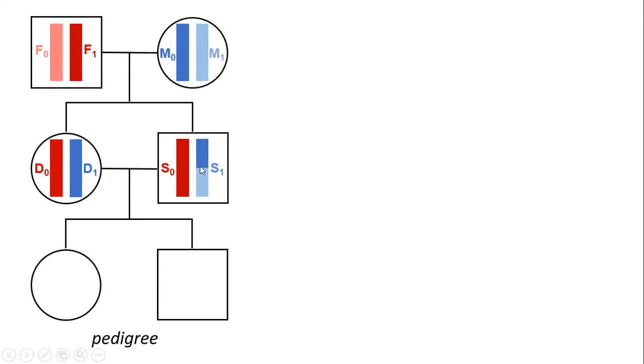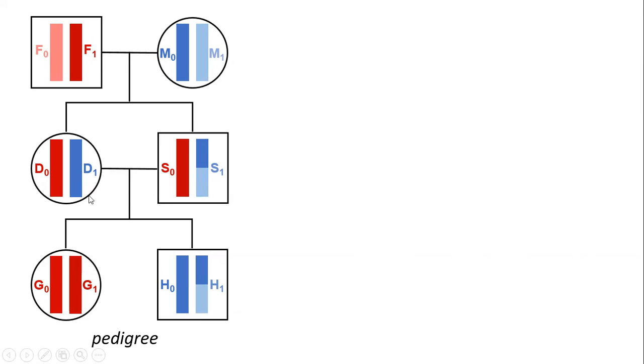So now we have a mix between dark blue and light blue. Then let's suppose in the next generation, the daughter inherits the red chromosome from one of their parents, and the son inherits the blue chromosome from the daughter, and they just inherit that recombined chromosome from the son.